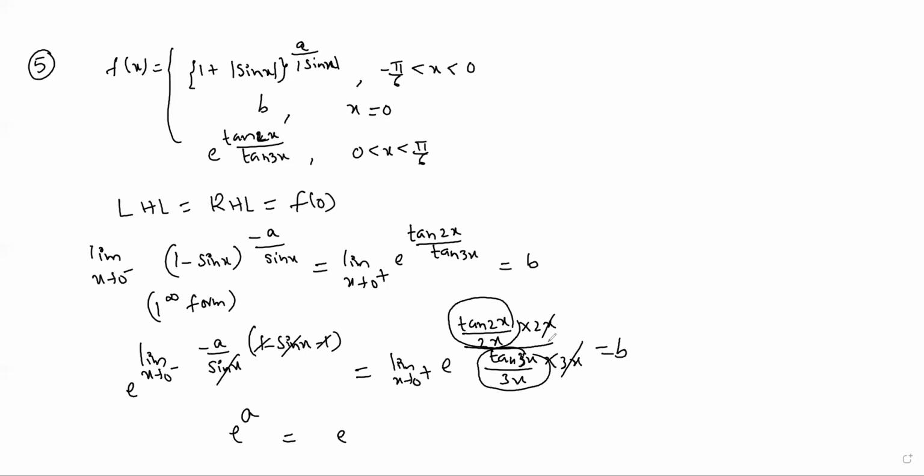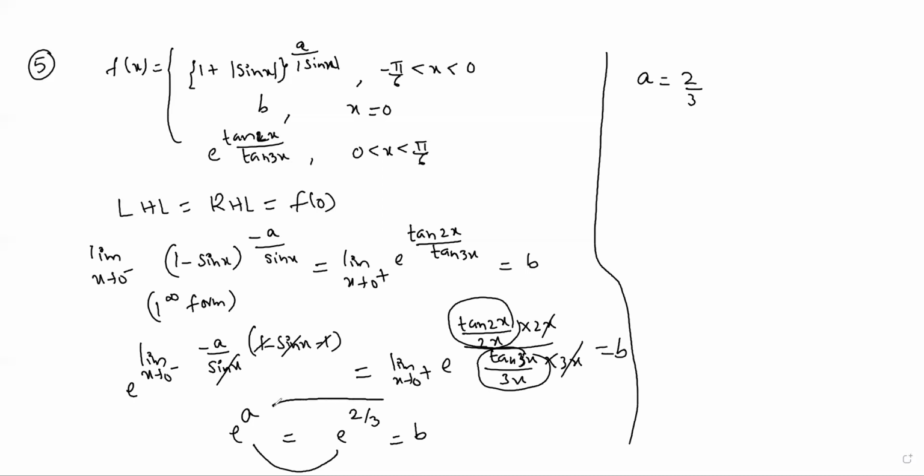Limit of this one is 1, so remaining only e power 2 by 3 is left, equal to b. By comparing the first and second conditions, you will get the a value clearly: a value is 2 by 3. If you compare first and last, because the given relation between a and b is also there, e power a is equal to b.